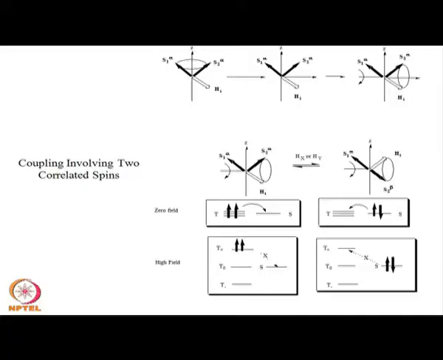If it is an internal field as a result of nearby magnetic nuclei, this will lead to intersystem crossing, or singlet to triplet interconversion. But the moment it is high field, because of this internal field there is a broadening in T plus, T 0 and T minus.